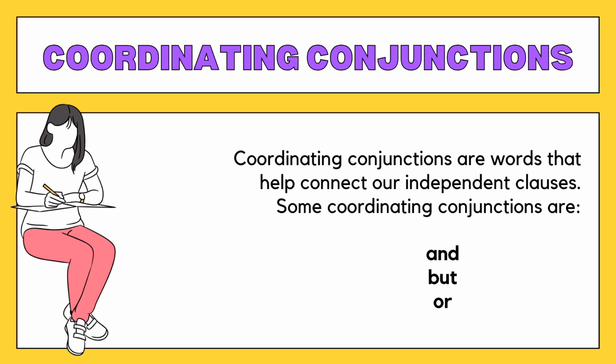Coordinating conjunctions are words that help connect our independent clauses to achieve a compound sentence. Examples of coordinating conjunctions are and, but, and or. Those are the three examples that we have.